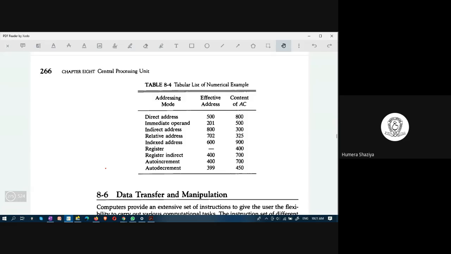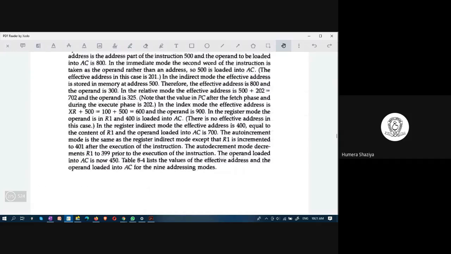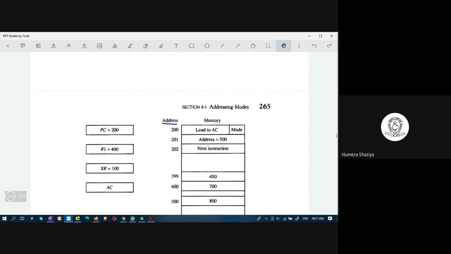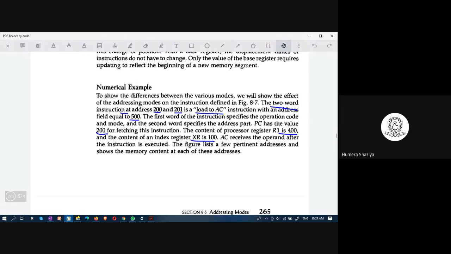Load to AC, here there is no address specified. Instruction address 200 and 201 is a load to AC instruction with an address field equal to 500.